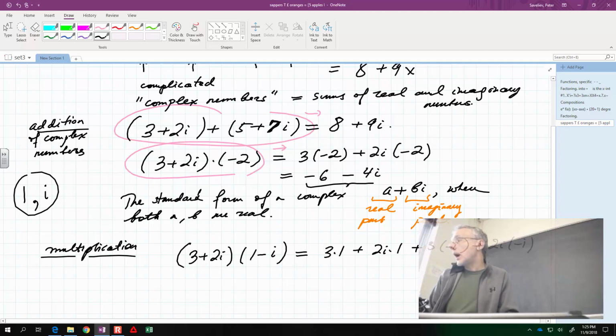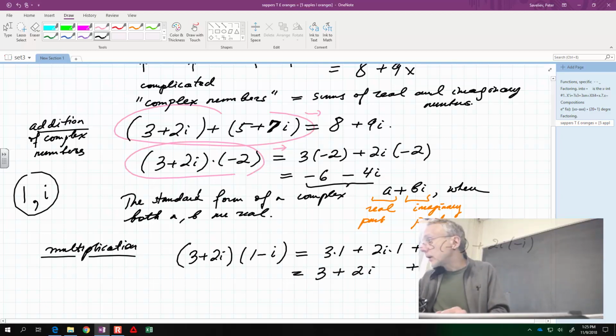Once again, we know that once we wrote this expression, the answer is a complex number. Whatever happens afterwards is just trying to find the standard form. So I want to simplify. I have 3 plus 2i plus minus 3i, and the last one is plus 2, because i squared is -1.